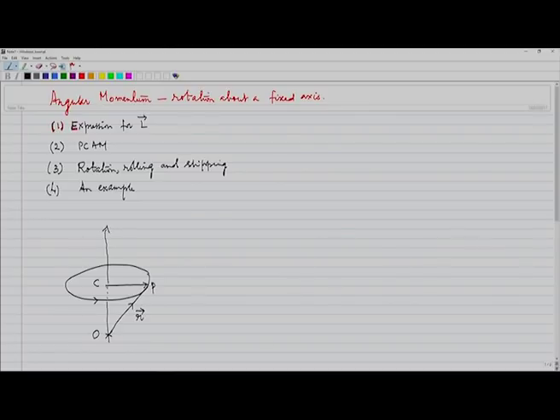This is the Z axis, and I have X, Y, Z axes here.